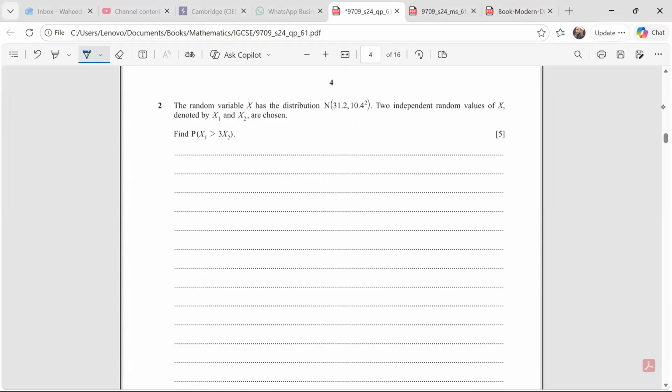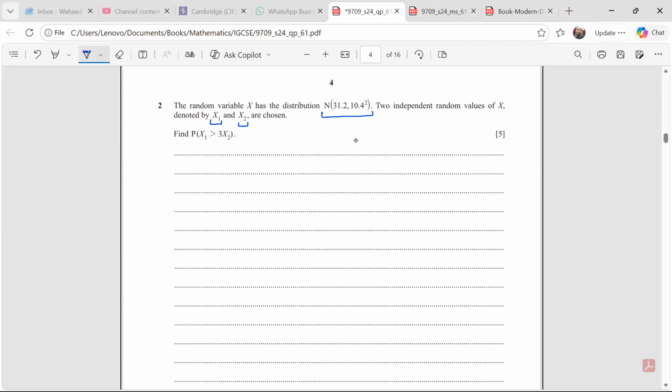Okay, so there's a random variable x which is normally distributed with this mean and this variance. Now two independent random values of x, denoted by x1 and x2, are chosen. The thing to understand here is that x1 and x2 are also random variables, with the same distribution because they are chosen from the same distribution.